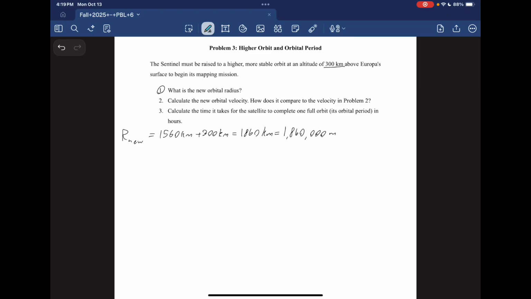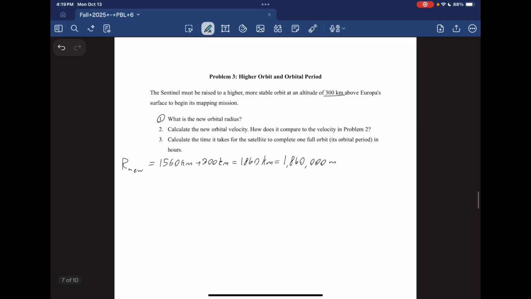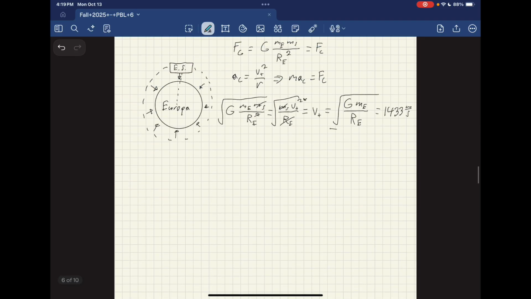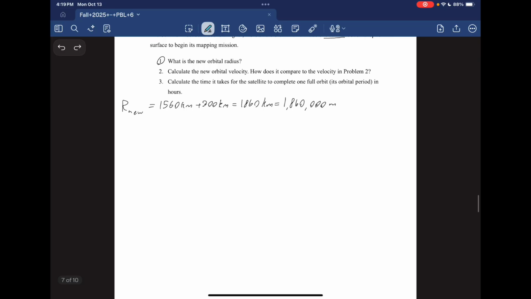The new orbital velocity, using this equation here, though in this case the radius of Europa is going to be our new radius, we get that v new is equal to the square root of G times the mass of Europa divided by r new.